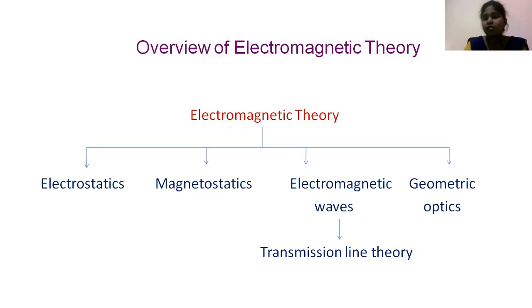Another part is geometric optics, or ray optics, which is a model of optics that describes light propagation in terms of rays. This is the overview of electromagnetic theory.